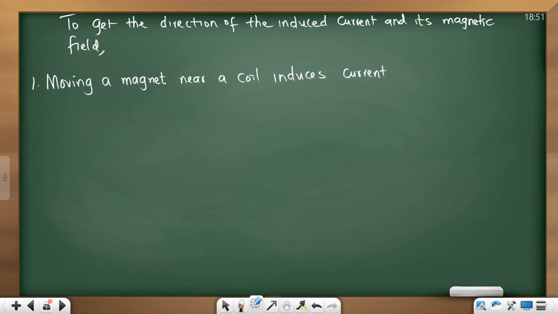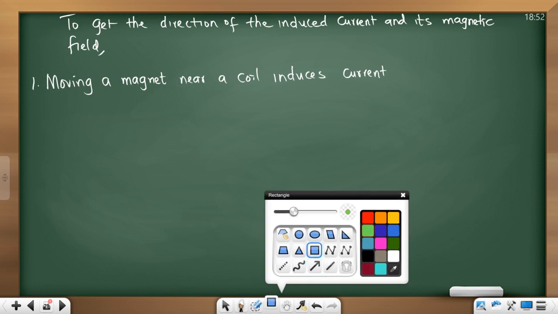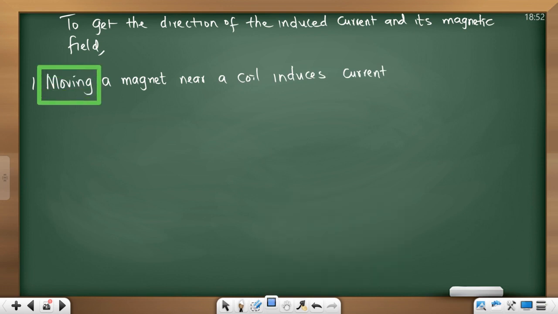The keyword is moving. If it's stationary, it will not generate. So you see, I'm using a coil. We could have it as a solenoid, we could have it as a wire. The three can be used interchangeably. Number two, which is the most important now.